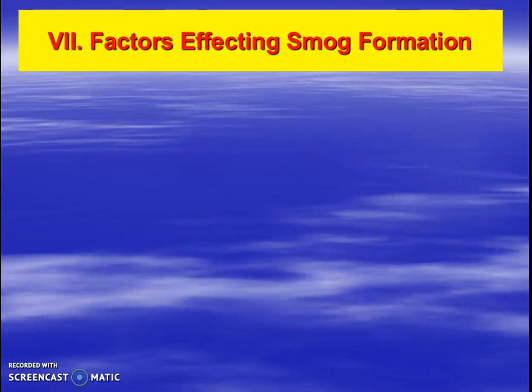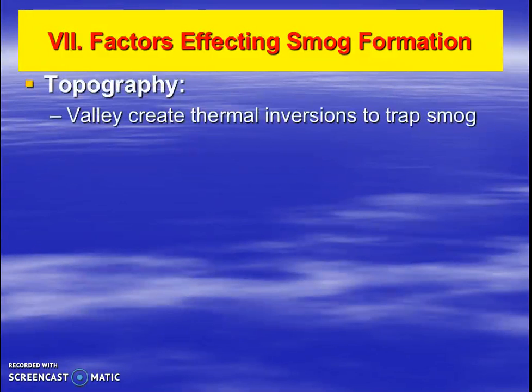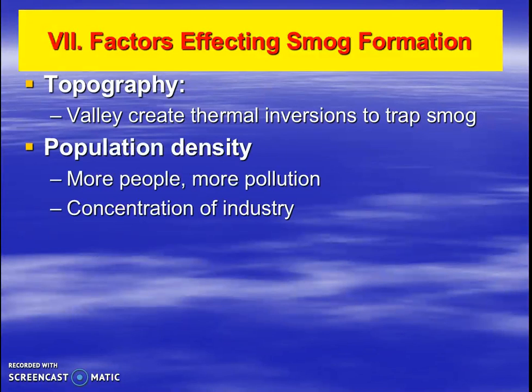So overall, what affects the formation of this stuff? Well, topography, right? Because those valleys can trap the smog in the city. Population density, the more people, the more pollution, the more fossil fuels are being burned, the more hydrocarbons, and the more NO, which forms NOx, which then gets cleaved to form ozone, etc. All right?